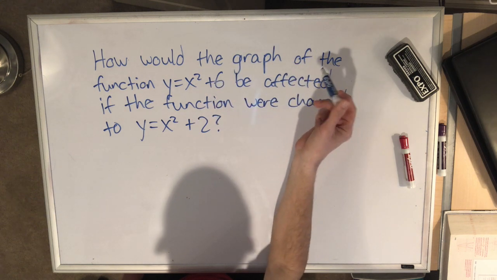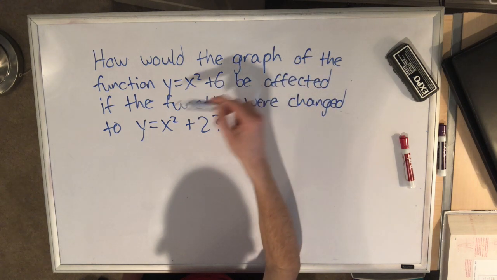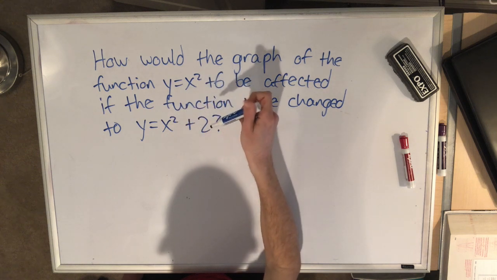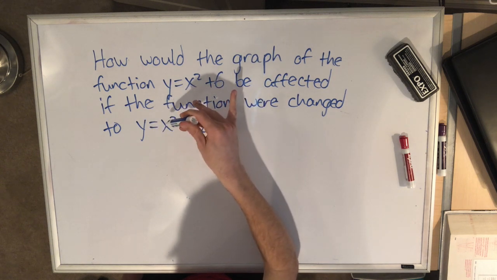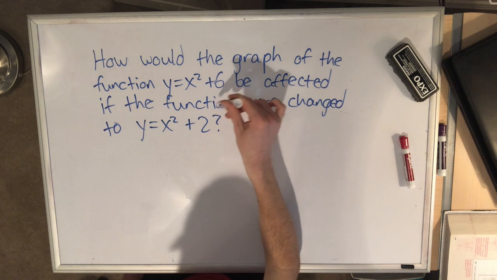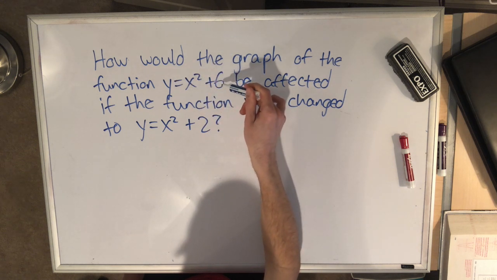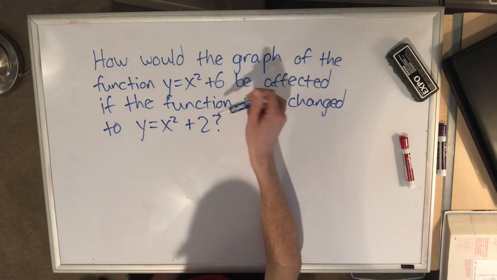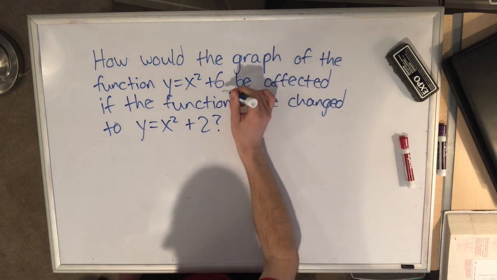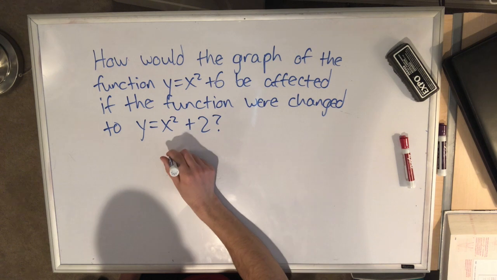So if you're comparing the graph of y equals x squared plus 6 and the graph of y equals x squared plus 2, altogether the graph of y equals x squared plus 2 is the same as the graph of y equals x squared plus 6, except shifted down 4 units, since 6 minus 2 is 4.